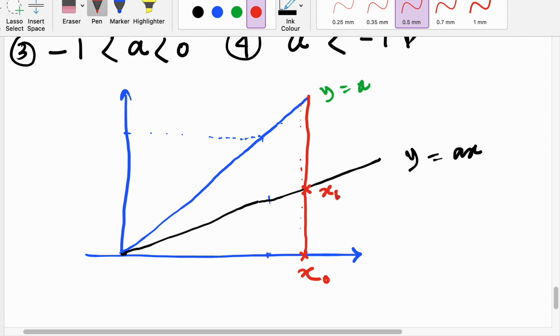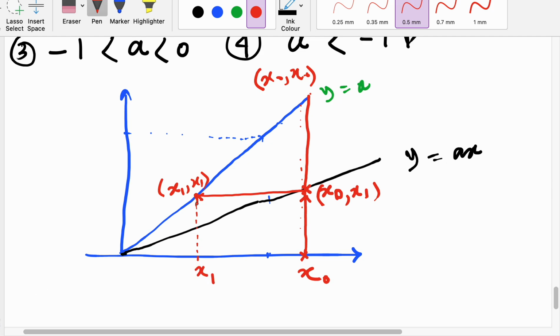So this point is (x0, x1), and this point is (x0, x0). Now from here we go horizontally right, and we get the point (x1, x1). This is my first iterate, x1.